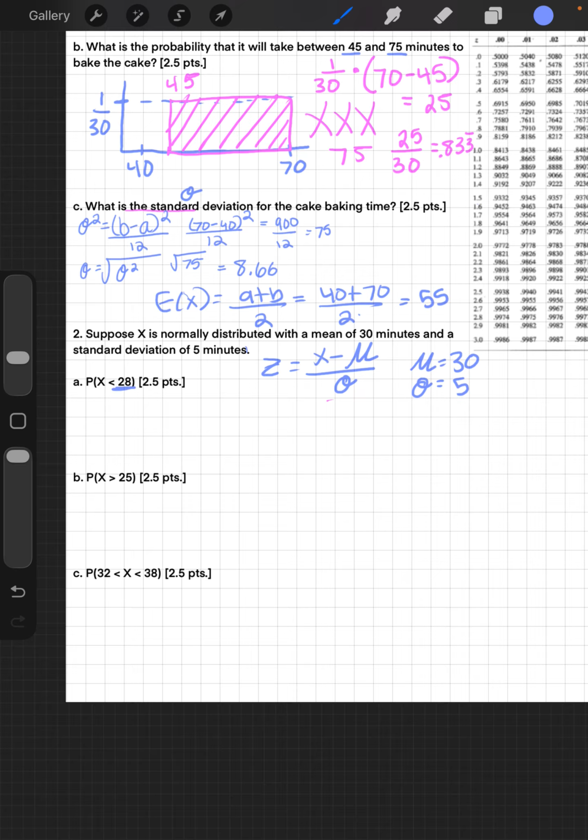Our x is 28, so I'm going to do 28 minus 30 over 5. Negative 0.4.